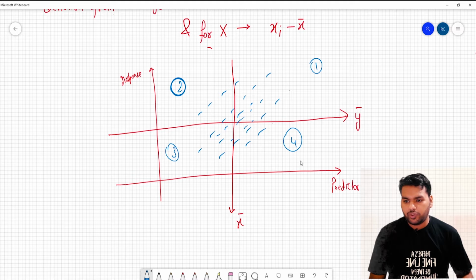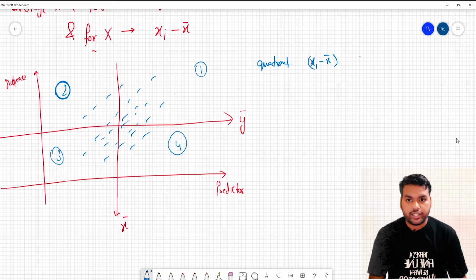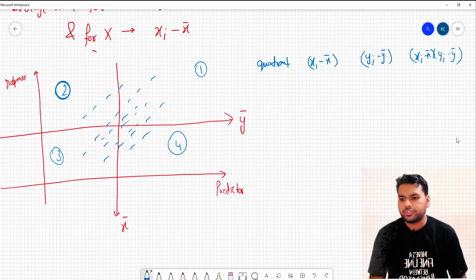So we can write like this here: the xi minus x bar, the deviation in the x random variable, and the yi minus y bar, the deviation in the y random variable, and their product, xi minus x bar times yi minus y bar. We have the four quadrants.